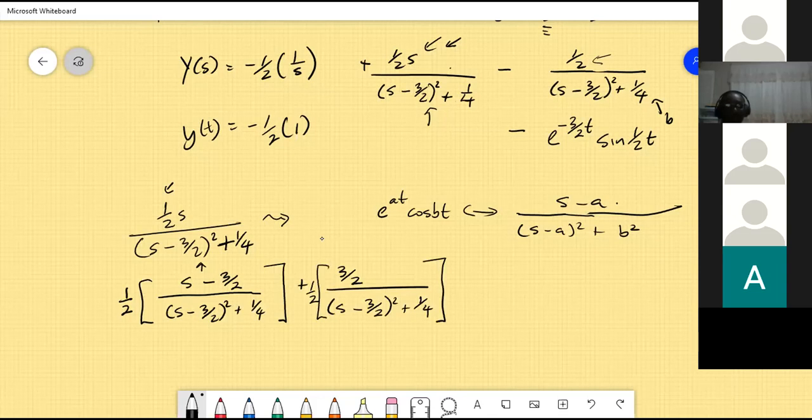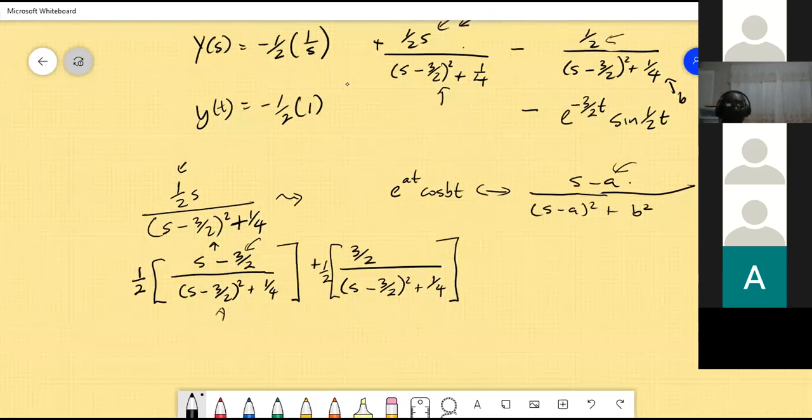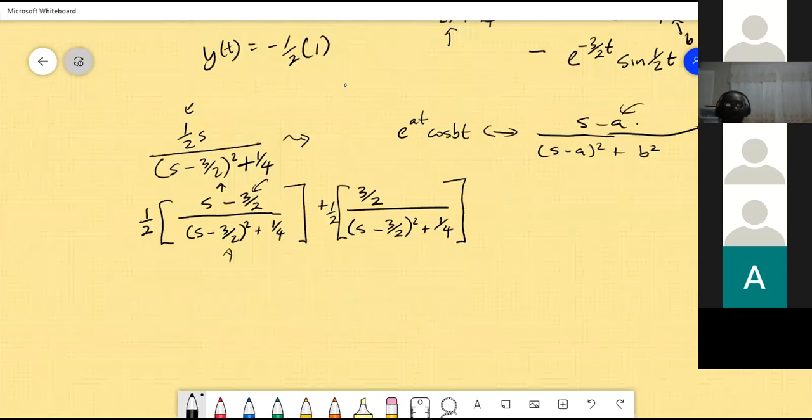We take the half and put it outside, and then because we have the a that we have to put in, the minus 3 over 2, just like the bottom. But if we put the minus 3 over 2, we have to add back the 3 over 2. So now this is going to give us a half e to the minus 3 over 2 t cos b t, which is half, square root of quarter, t.